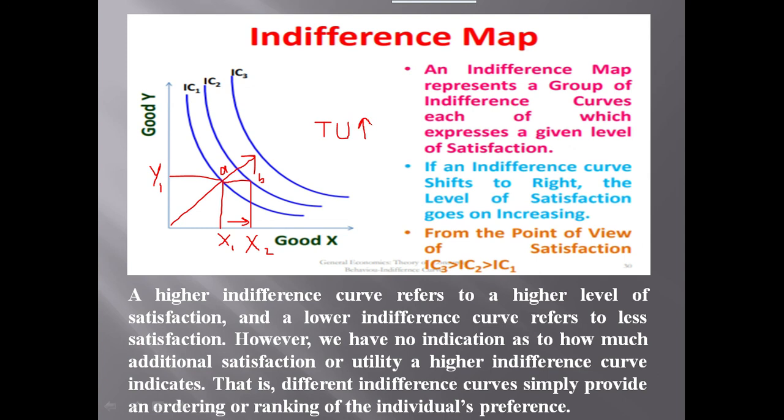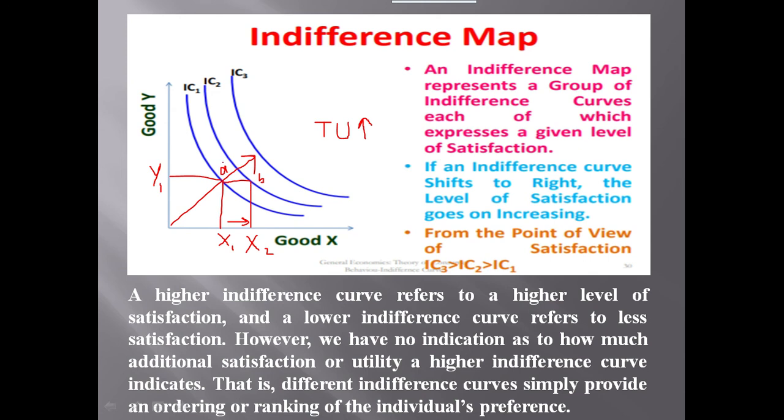Therefore, total utility increases because of positive marginal utility, or we assume that goods are goods. They always give you positive satisfaction or positive utility. So when we keep the quantity of y constant and increase the quantity of x, we move to a higher indifference curve.